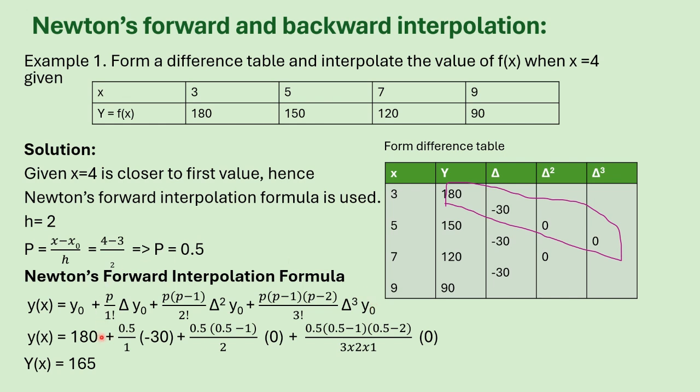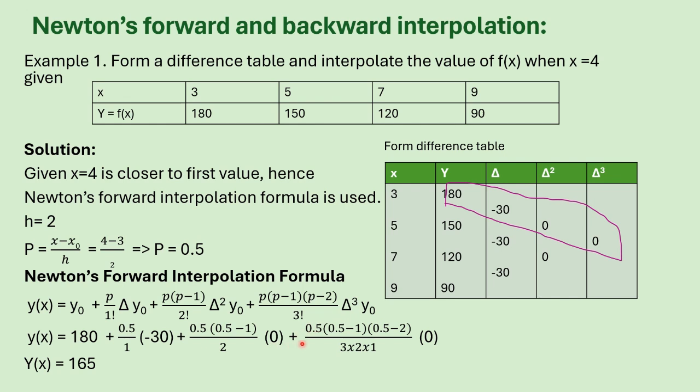Now let's substitute the values. y naught is 180 plus p, which is 0.5, over factorial 1, which is 1, times delta y naught, which is minus 30, plus p into p minus 1, that is 0.5 into 0.5 minus 1, by factorial 2, that is 2 into 1, which is 2, and delta square y naught is 0.